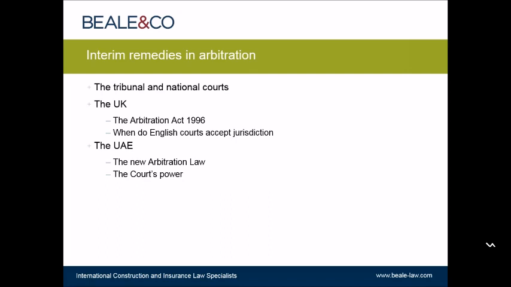For example, under the DIAC rules, the tribunal may issue any provisional orders or take other interim or conservatory measures it deems necessary, including injunctions and measures for the conservation of goods, which form part of the subject matter in dispute. I will now briefly look at interim remedies in different jurisdictions such as the UK, UAE, and KSA.